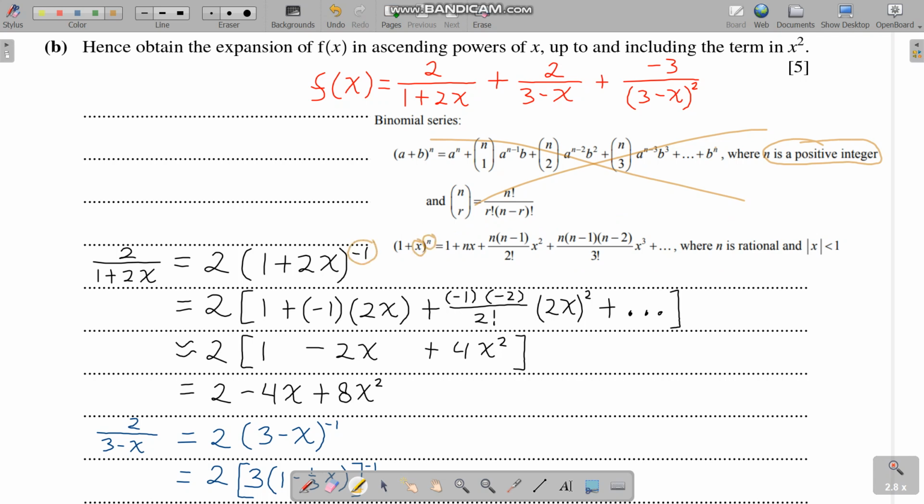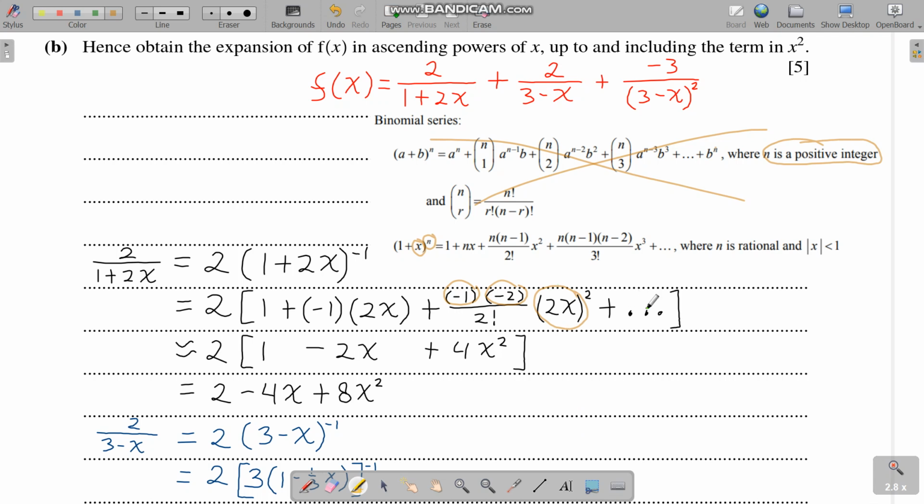The n is minus 1, the x is 2x. So 1 plus nx, the n is minus 1, the x is 2x again. Just use brackets all the time. And then we have n(n minus 1) over 2 factorial times x squared.